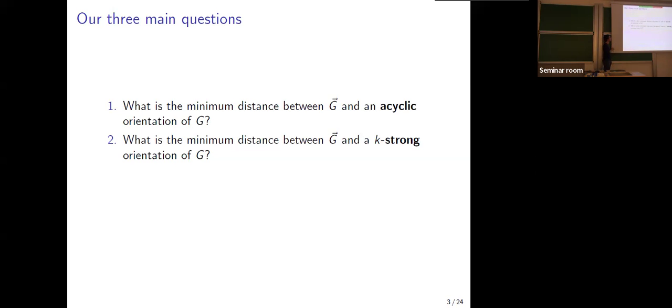Here k-strong means k-vertex strongly connected, so when you take two vertices, there are k internally vertex-disjoint directed paths between them. And then the third question, which is maybe the most natural one: what is the maximum distance between two orientations of a graph?